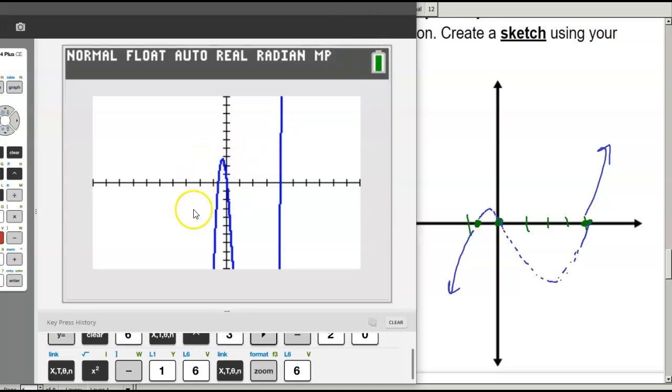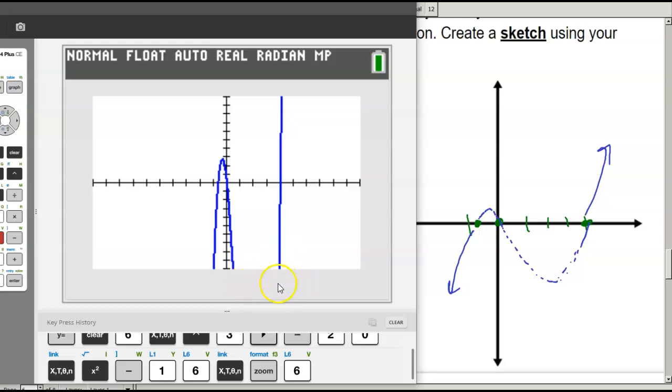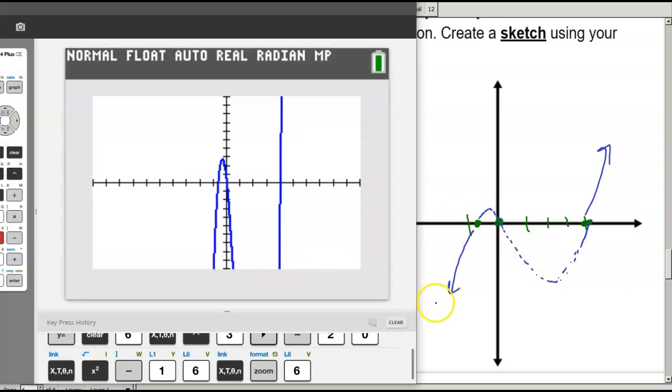Now you can see that the actual graph kind of goes up. It peaks here around 2 or 3, then it goes way down. I could figure out where that vertex is. It's way down there. But you can see that I at least have the general shape on my sketch. It goes up and then comes back down and then goes up and to the right.